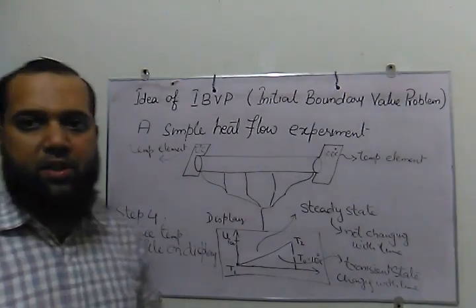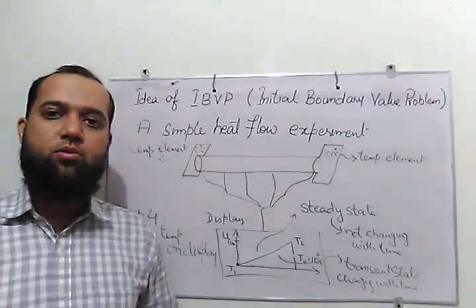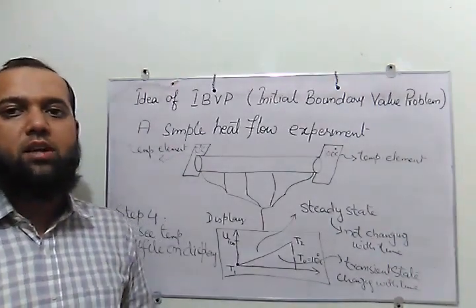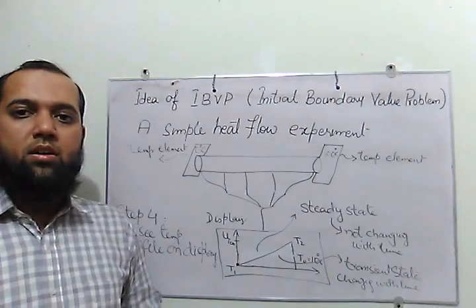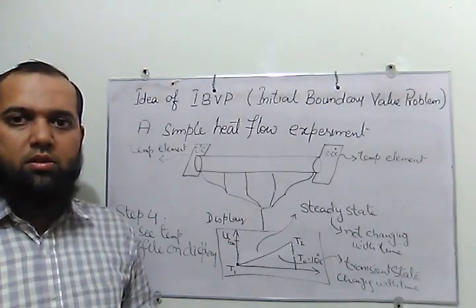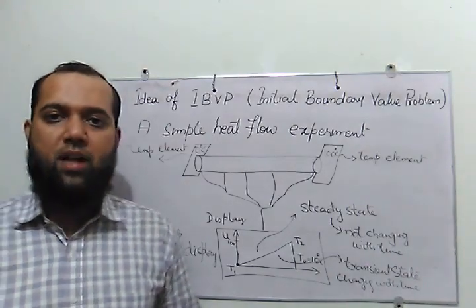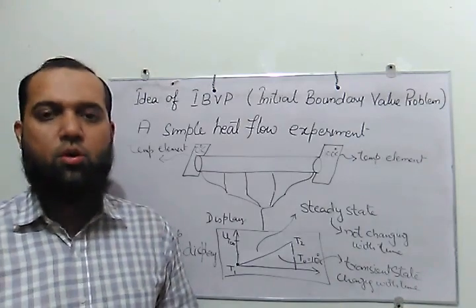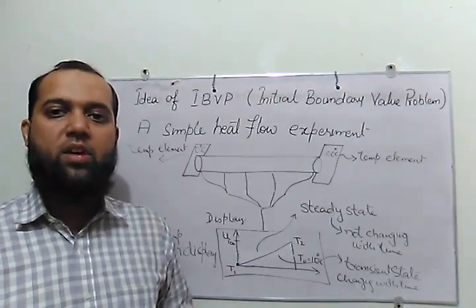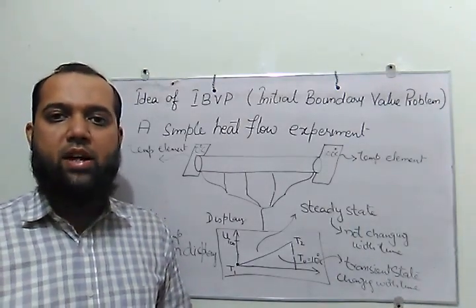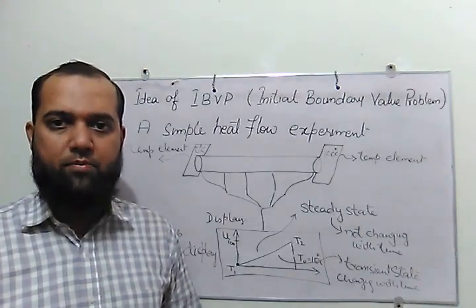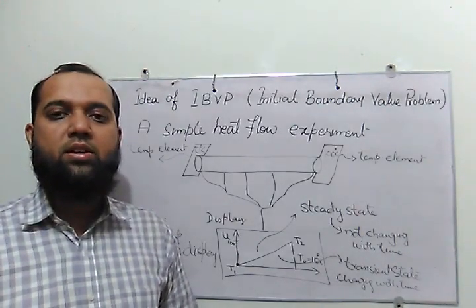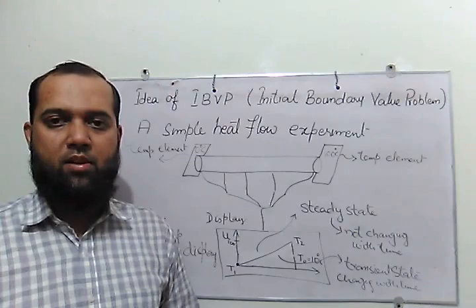Now our discussion is completed, so I hope that you have understood the experiment. Let me repeat what we have done. We took a hollow rod and insulated it from the inside but not on the ends. So heat can transfer in one direction only, but cannot transfer in the lateral direction.